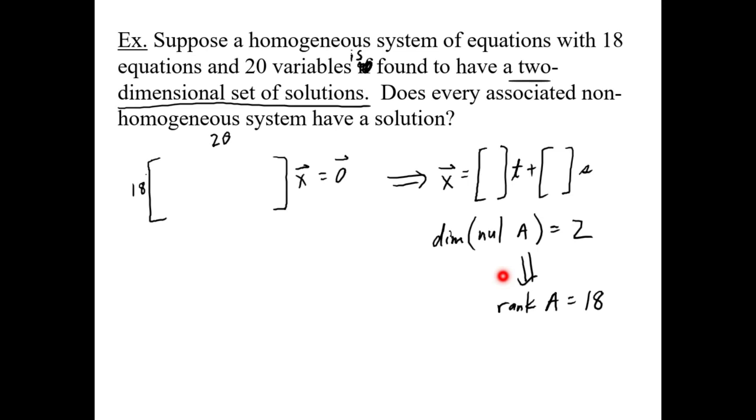But if the rank of A is 18, if there are 18 pivot columns, and there are also 18 rows, that means that every row will have a pivot.